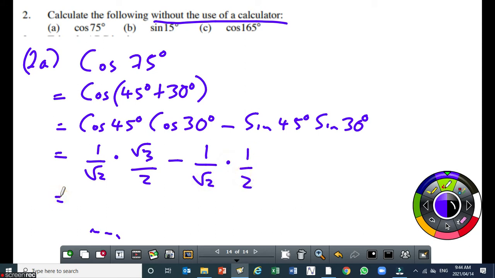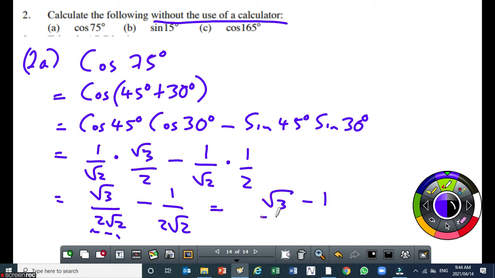So if I simplify it, I'm going to get square root of 3 over 2 square root of 2 minus 1 over 2 square root of 2. You see that the denominator is the same, so I can write this as square root of 3 minus 1 all over 2 root 2.